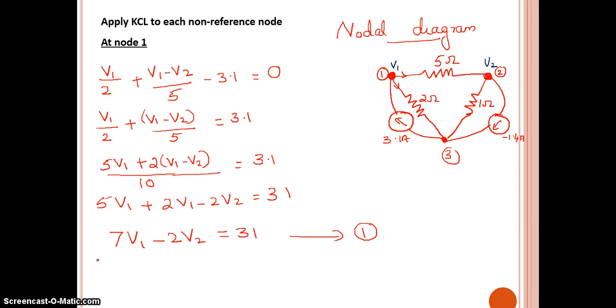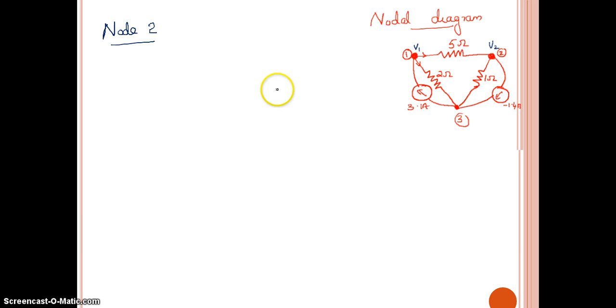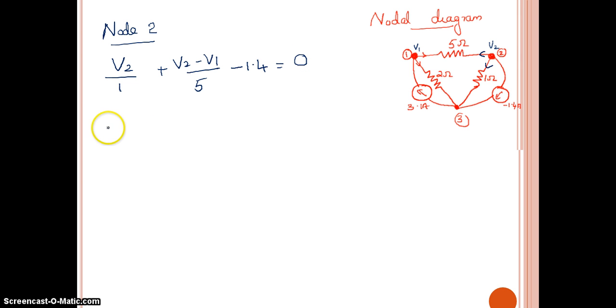Now go to node 2. When we are considering the KCL for node 2, assume that all the currents are leaving node 2 through the resistors. We write the equation as V2 divided by 1 plus V2 minus V1 divided by 5. The current source is also leaving as shown in the direction, so it is minus 1.4, equal to 0.